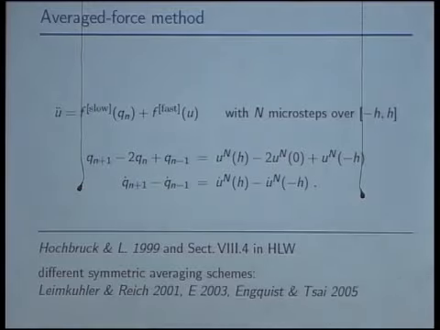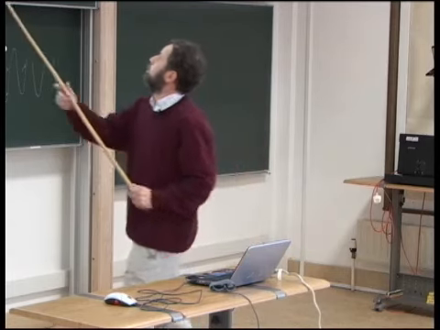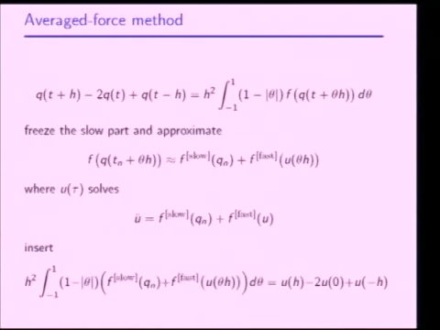People from numerical homogenization, Weinan E, and Björn Engquist and his collaborator Tsai, also developed methods along that line, which they call the heterogeneous multiscale method, and which just corresponds to the case where one replaces the whole interval from -1 to 1 by a shorter interval and replaces this averaging kernel by an appropriately renormalized kernel on this shorter time interval.